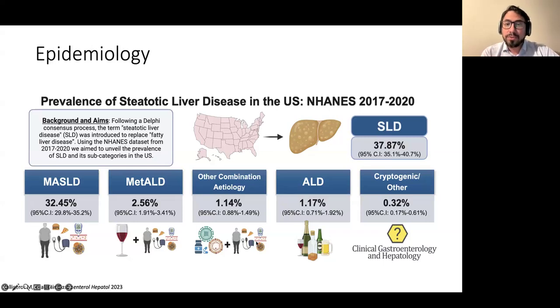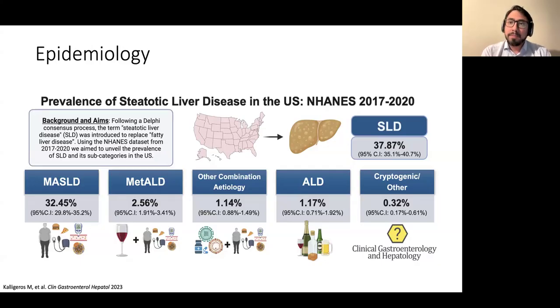And it's important to also notice that MetALD and ALD are probably underestimated. In fact, some studies from Alexander Craig and other colleagues from Europe and other regions have estimated an underreporting of alcohol use up to 10% in clinical trials and up to 55% in clinical practice.